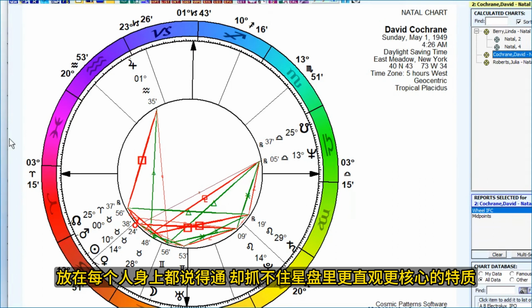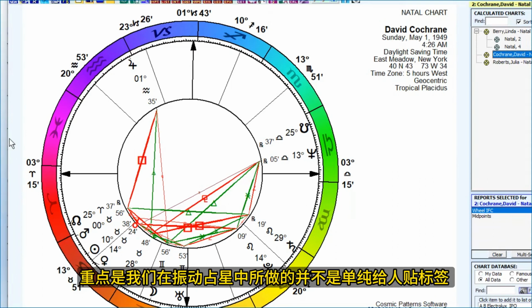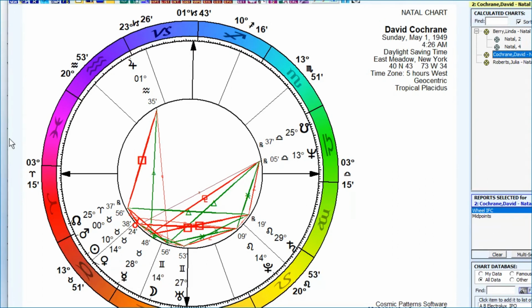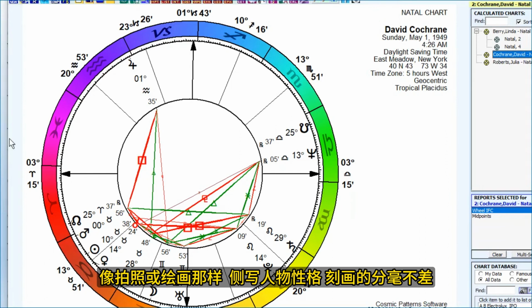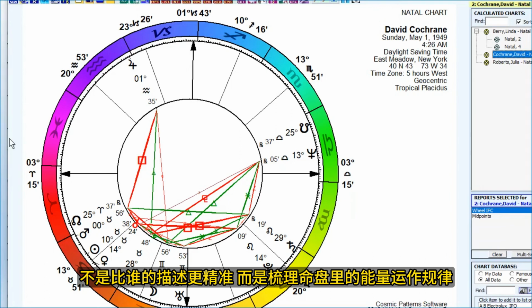What we do in vibrational astrology is not making a picture of you, like a photograph or a painting, like who can make the most accurate painting.